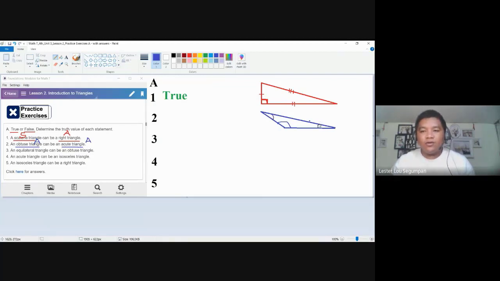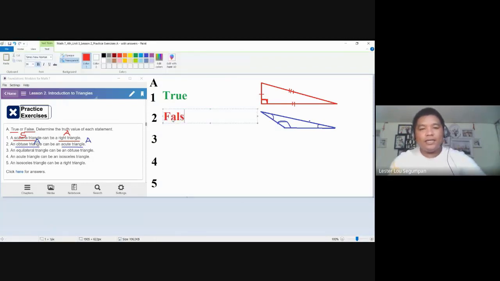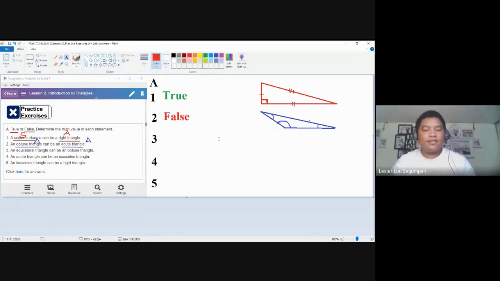This is acute, but the last angle is obtuse as given for the first consideration. This would mean that there is a conflict between the two statements because both of them are under the classification of angles. An obtuse triangle should have one obtuse interior angle, but an acute triangle needs all of them to be acute. This would mean there is a conflict, and the answer for number 2 is false. They cannot go together.